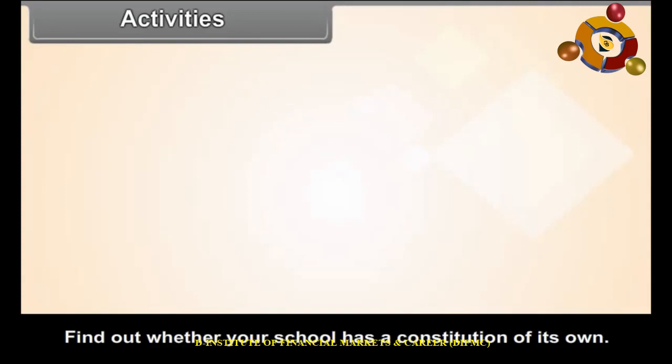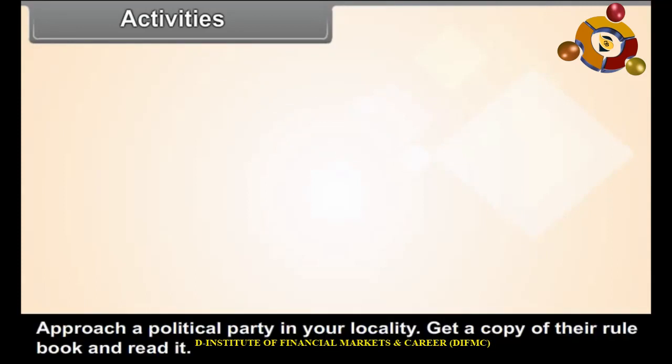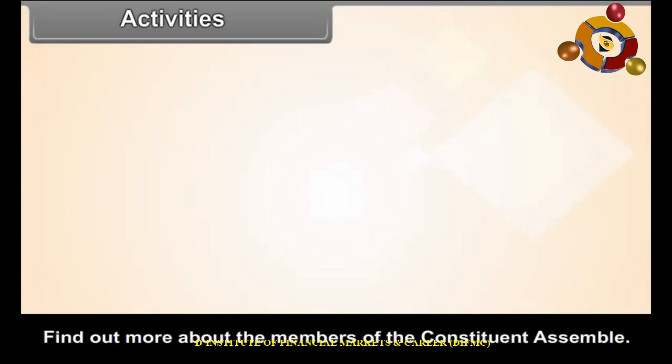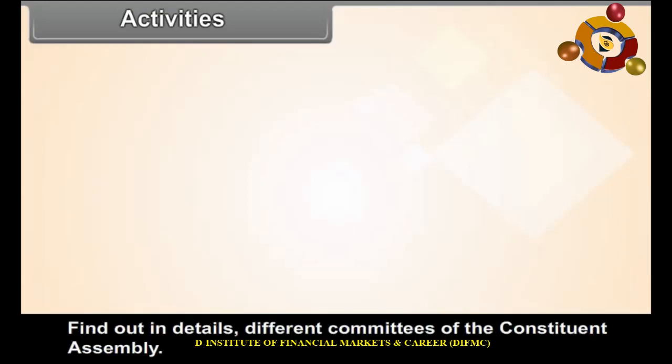Activities. Find out whether your school has a constitution of its own. Approach a political party in your locality. Get a copy of their rule book and read it. Find out more about the members of the Constituent Assembly. Find out in details different committees of the Constituent Assembly.